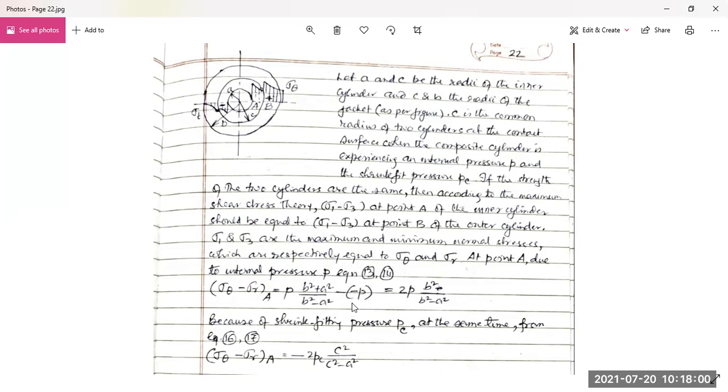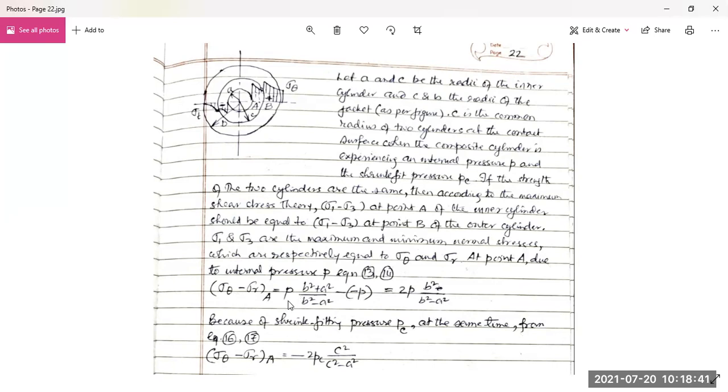If we go through the equation, sigma r is equal to P A square minus P B square over B square minus A square, times 1 minus B square by R square, where P is the internal pressure, and sigma theta is equal to P A square over B square minus A square, times 1 plus B square by R square.